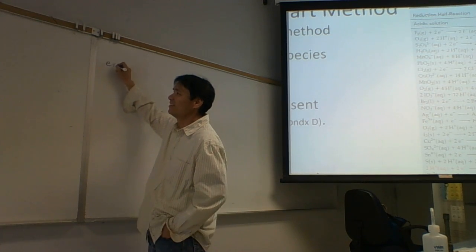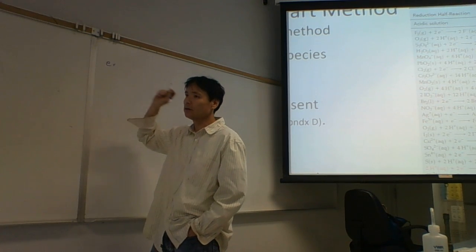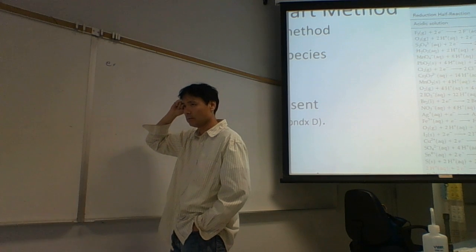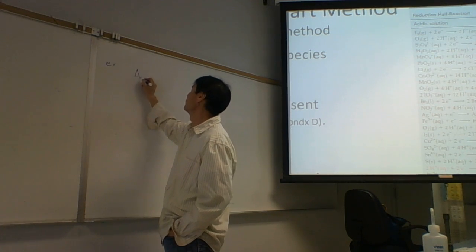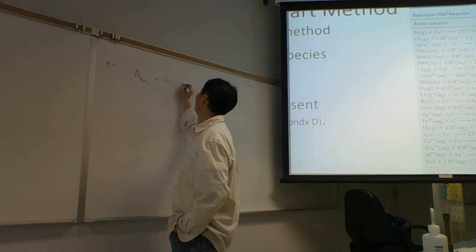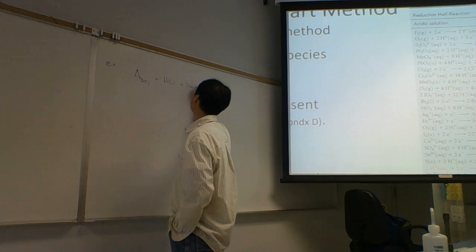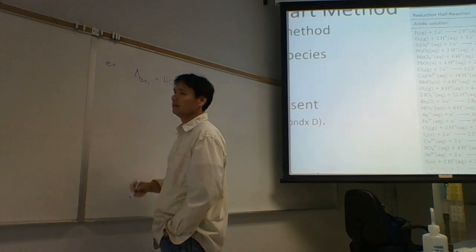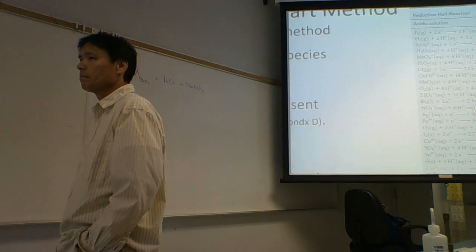So we'll just review the chart method again, but I'm going to do a little bit more complicated problem this time. Let's do silver metal plus HCl plus sodium nitrate. So what would the wording for this problem be?